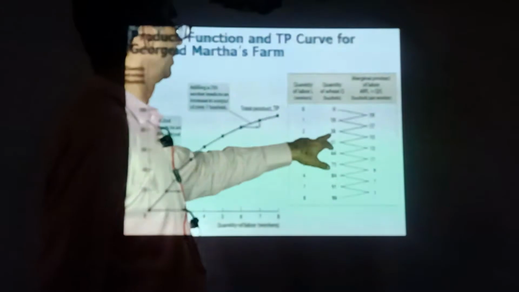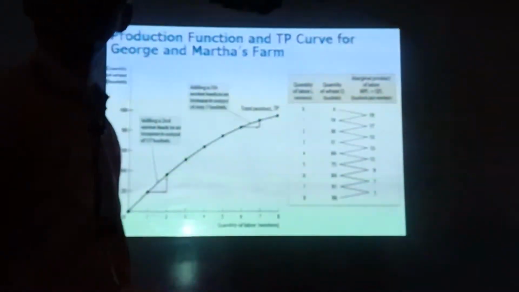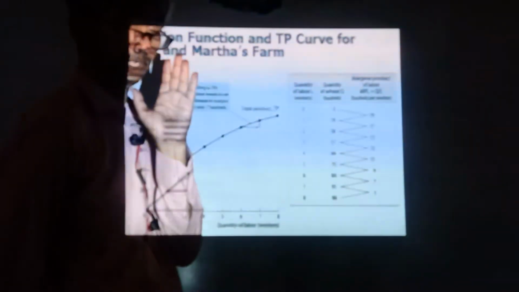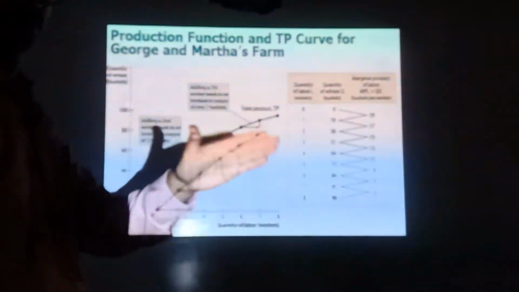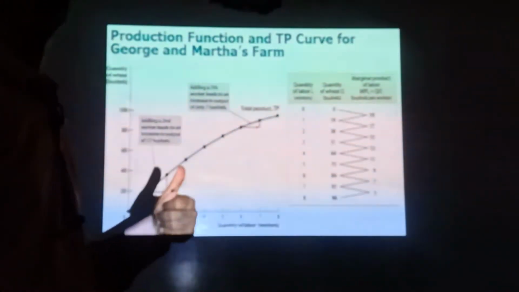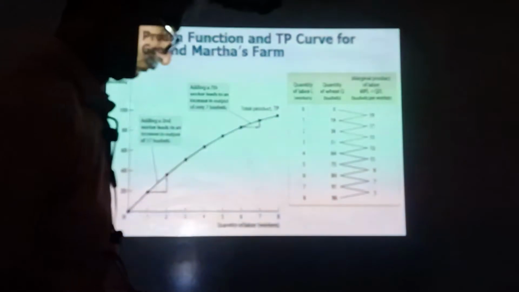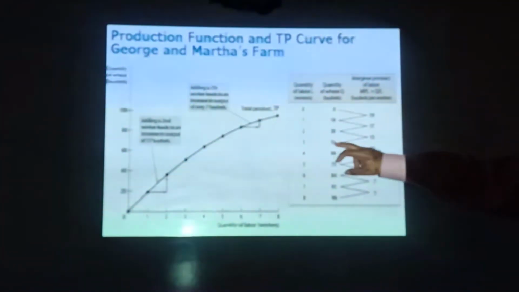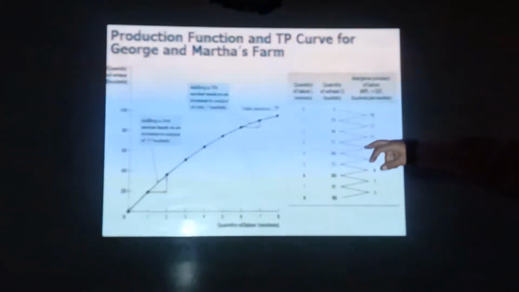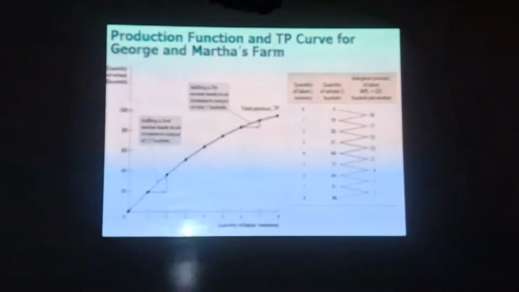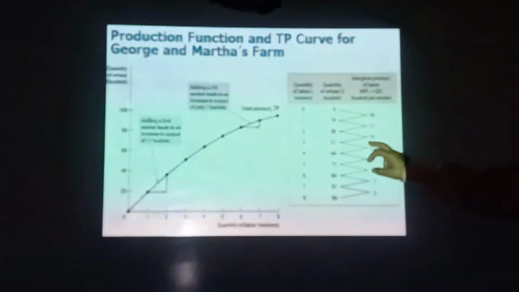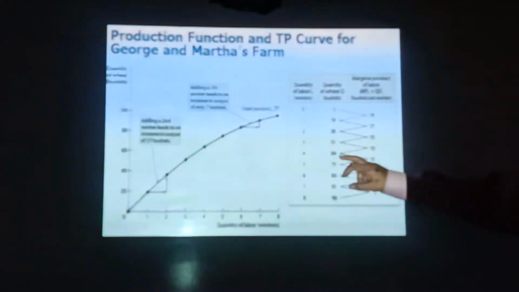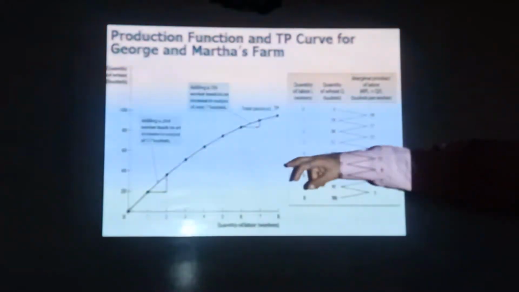The third worker, when we add the third worker to the same land. Remember, the land is not changing; only we are increasing the number of laborers, the variable input. With the third worker we have a total of 51 bushels, which means the third worker has contributed 15 more.